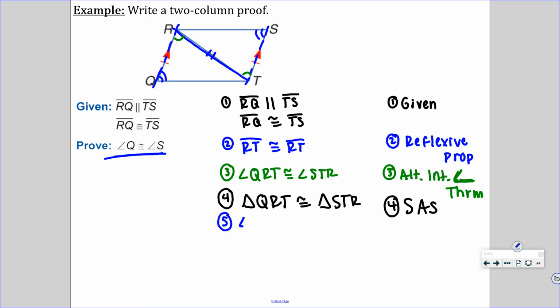I'll be impressed if you can get this. Anybody know why I could jump to here, like what my justification would be? Do you have an idea, Gwen? Is it the third triangle? Nope. Good guess though. I like your thinking. It's from a previous lesson.